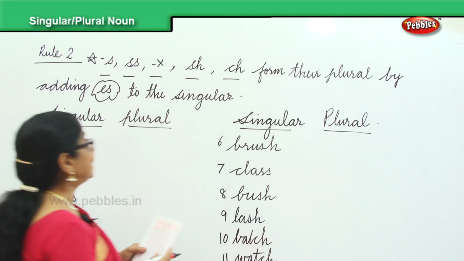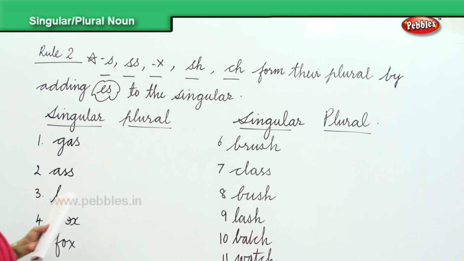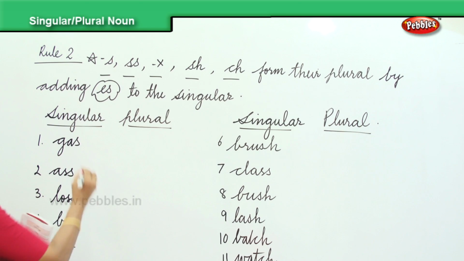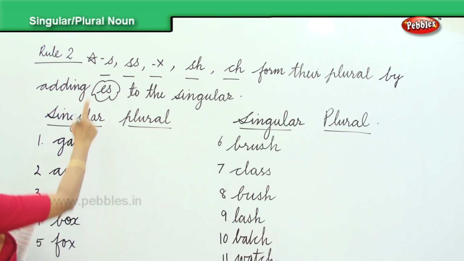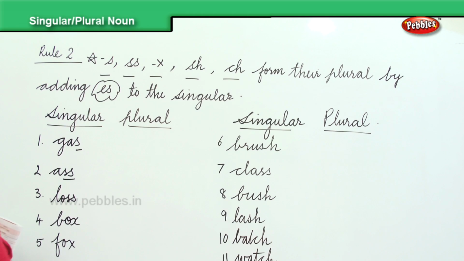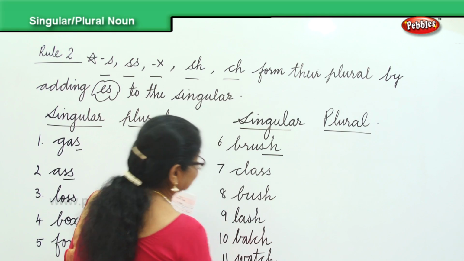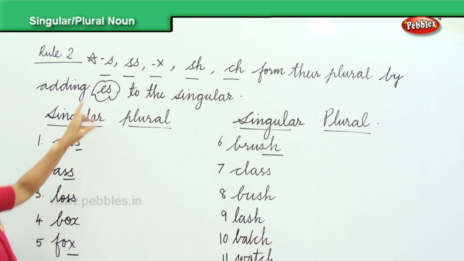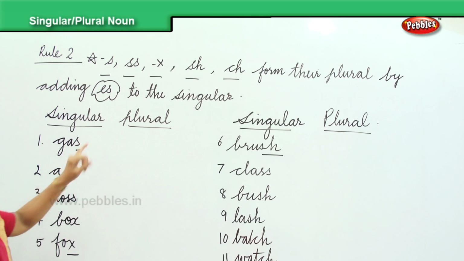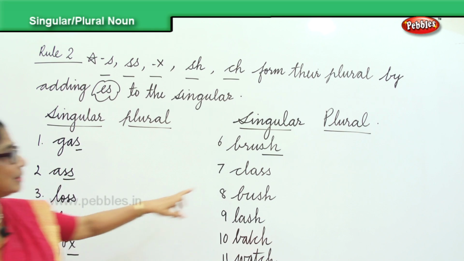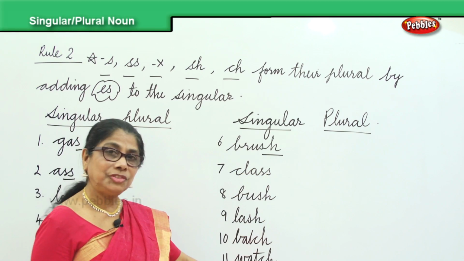Now, we said the singular nouns ending in s, here you have s, double s, x, then you have sh, and you have ch. So you have singular nouns ending in s, ss, x, sh, and ch.